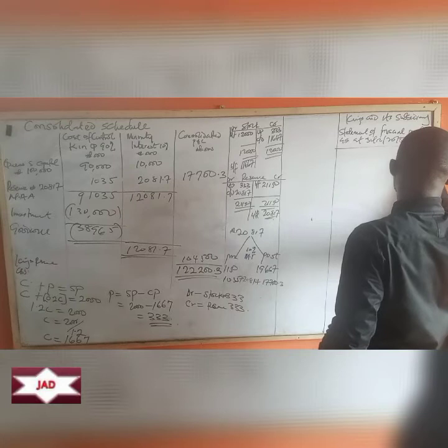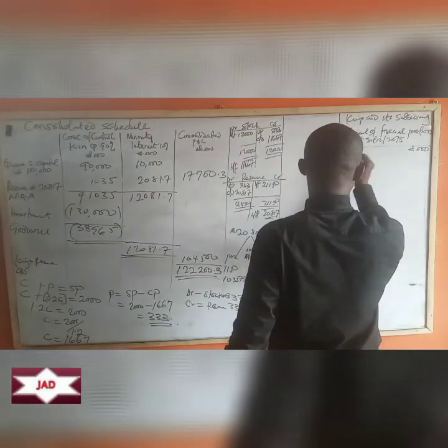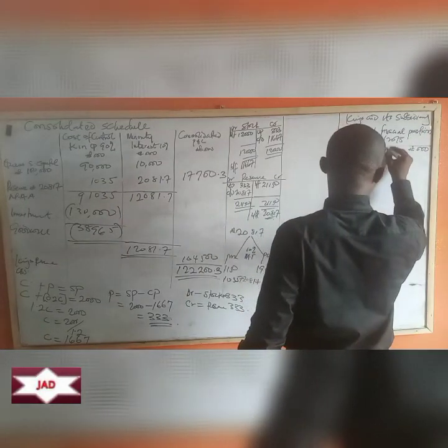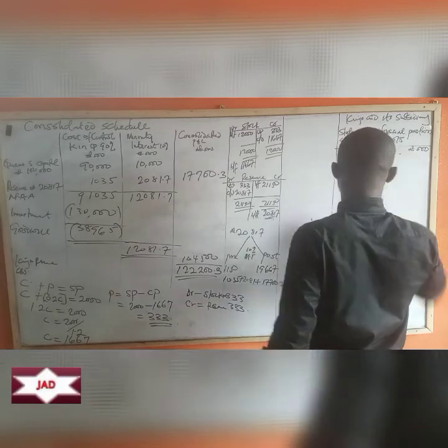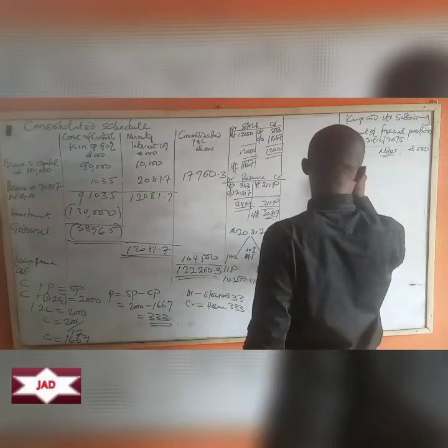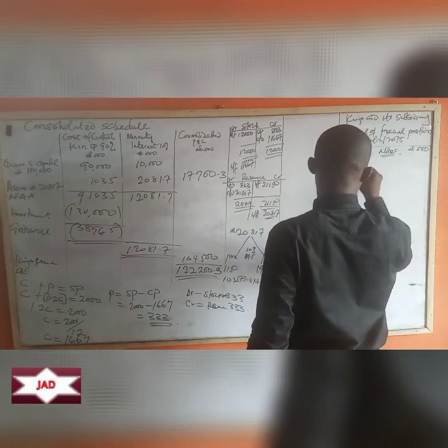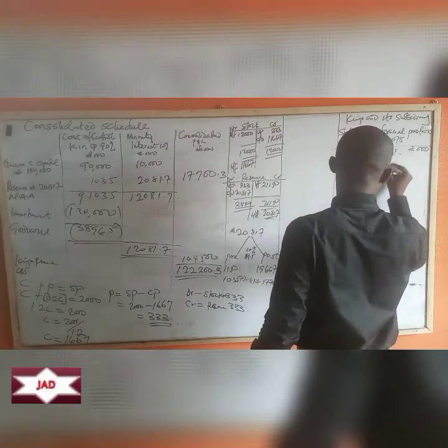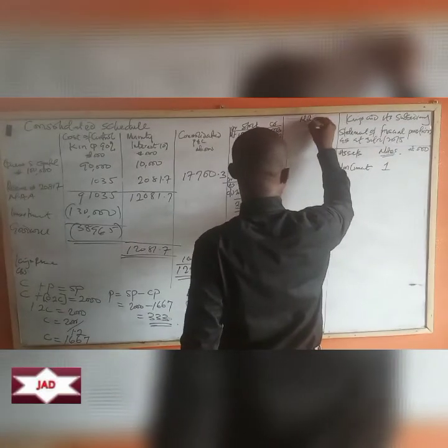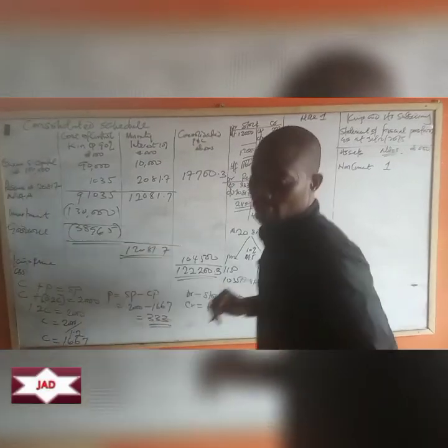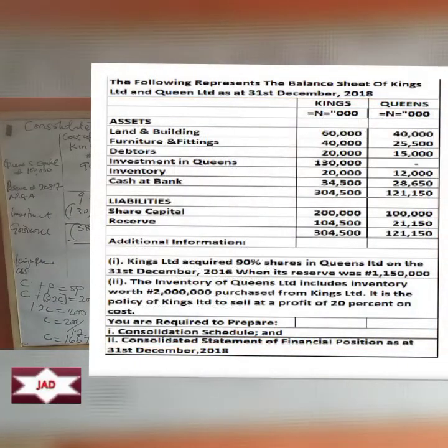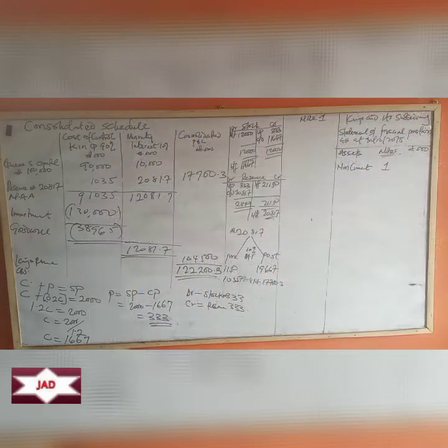Okay. So we have assets. Let's call this notes. Okay. So non-current. Let's call that note 1. What's note 1 here? What are the non-current assets? Land and building and furniture and fittings.